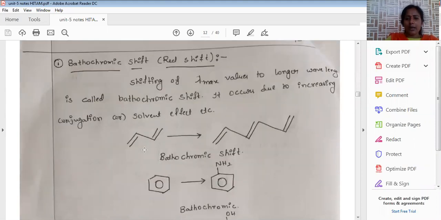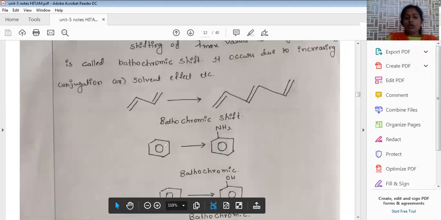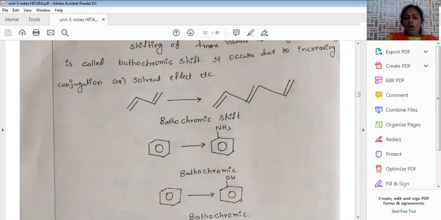Let us go with another example. In the second example, we are taking benzene. Benzene is a delocalized system of three pi bonds. In this benzene ring, pi electrons are always roaming all around the molecule, which is represented by this circle. The circle indicates these pi electrons are delocalizing continuously. When we add one functional group, that is NH2 group, what happens?